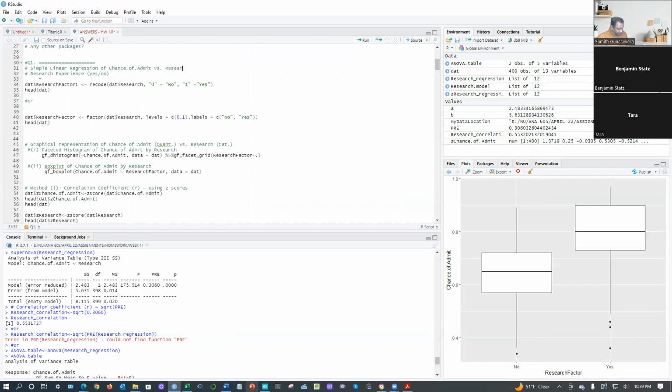Research. So uniform, you see one x value. That's how we call simple linear regression. Versus that one.